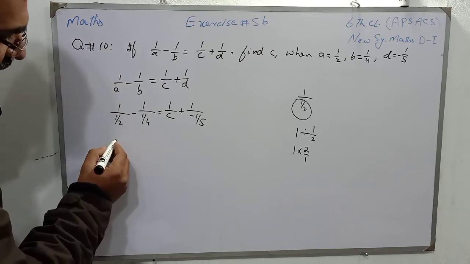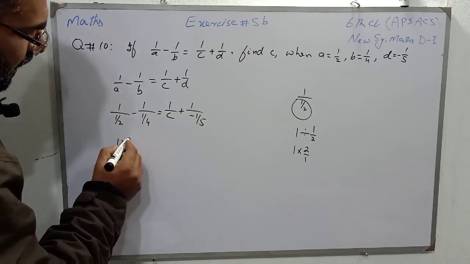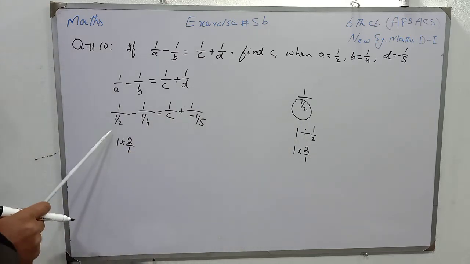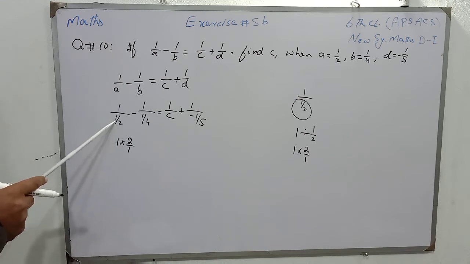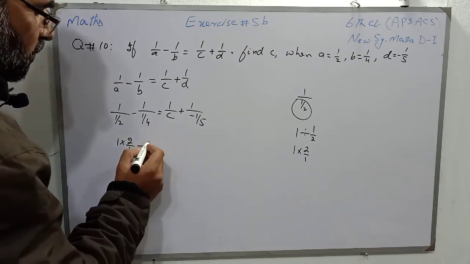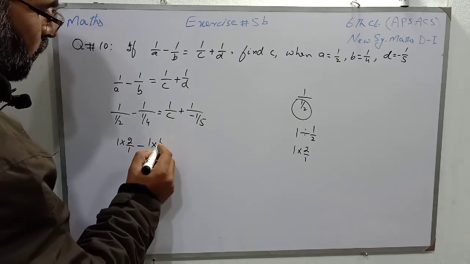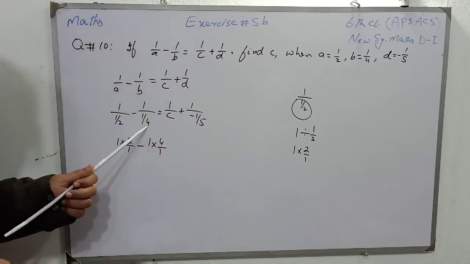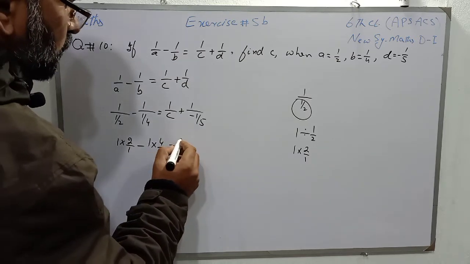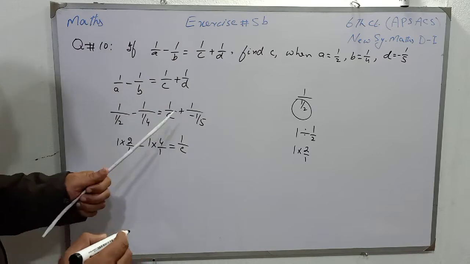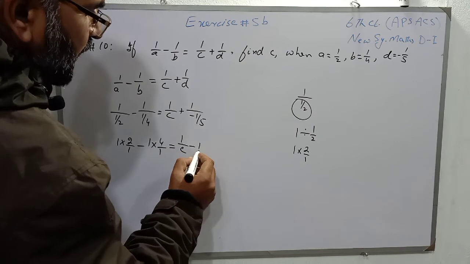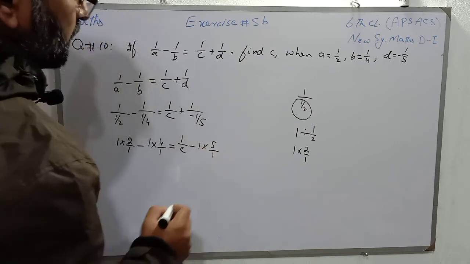So I will write it as 1 multiplied by 2 over 1, as I have explained in the working, that when there is a denominator in the denominator, then we have to write it in this way, minus 1 multiplied by 4 over 1, as there is a denominator in the denominator, so I have to write it as 4 over 1, is equal to 1 over C. And students, this plus and this minus both are multiplying, so it will become minus and written as 1 multiplied by 5 over 1.